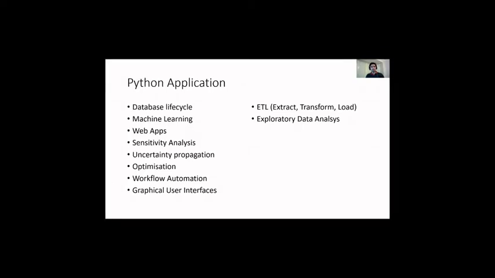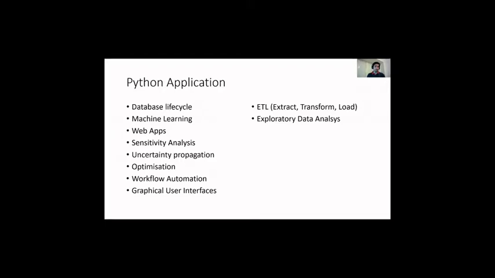And you also have multiple ways in which you can propagate uncertainty using Monte Carlo techniques, for instance. There are multiple optimizers in Python. There is a very strong library called SciPy where you have a large set of optimizers, but there are many more available in other libraries.